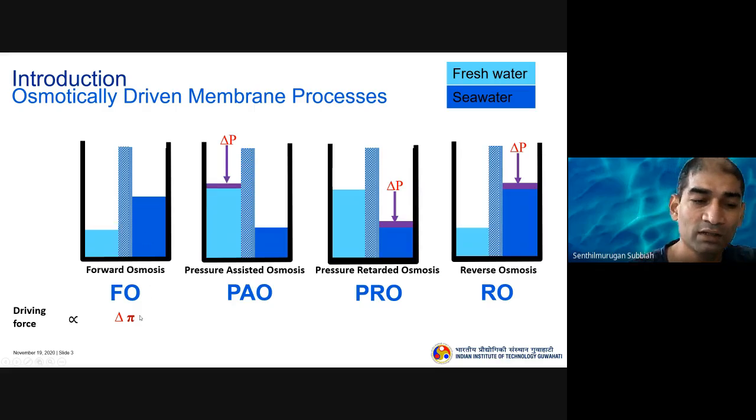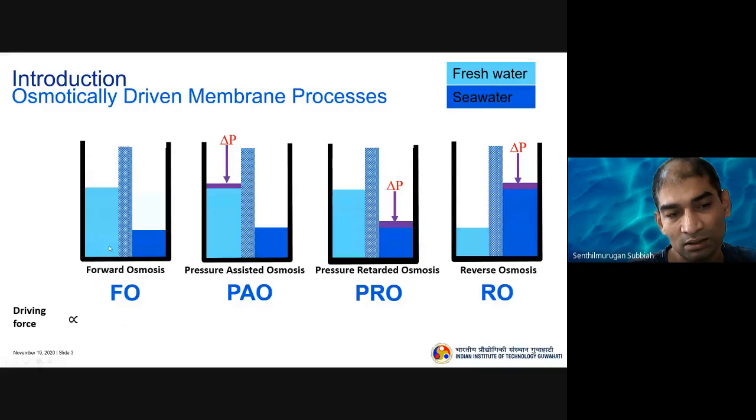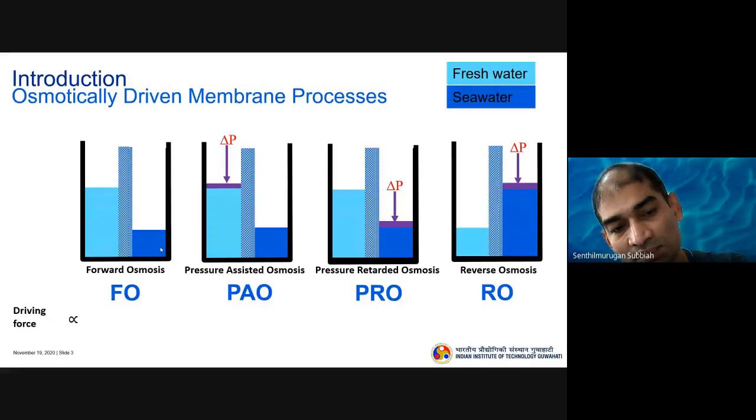Here the driving force is the osmotic pressure difference between the fresh water and seawater. In this case, we have fresh water on one side and salt water, which could be seawater, with a higher salt concentration on the other.